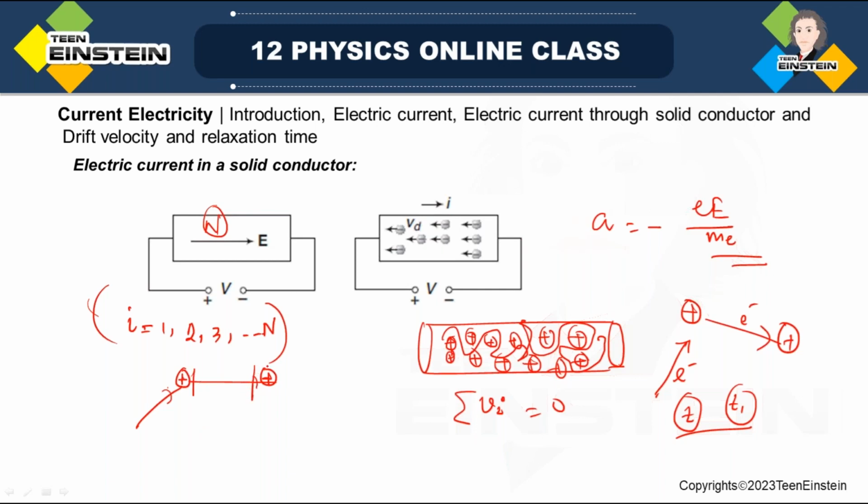The time interval elapsed by an electron between two successive collisions is called free time, and the distance covered is called free path. The distance covered during two successive collisions is called free path. So we have free path and free time also.